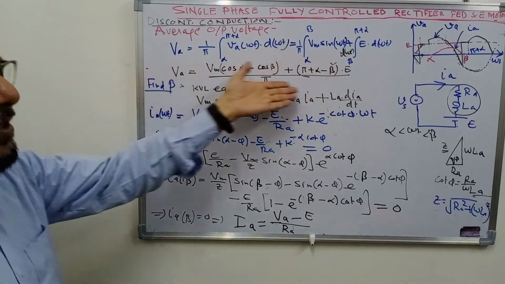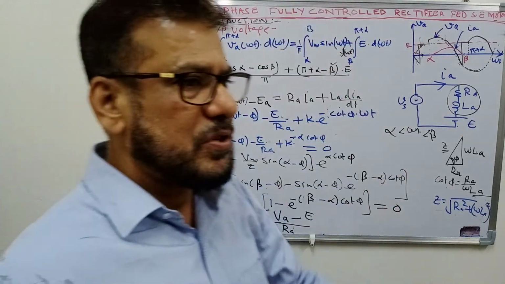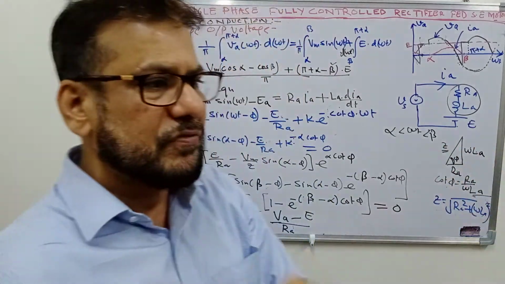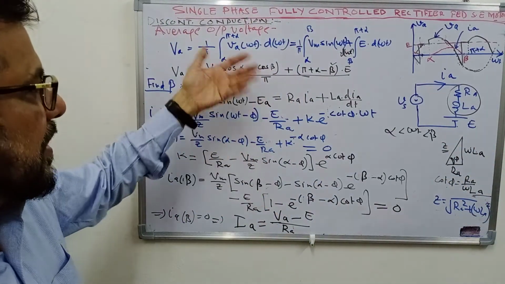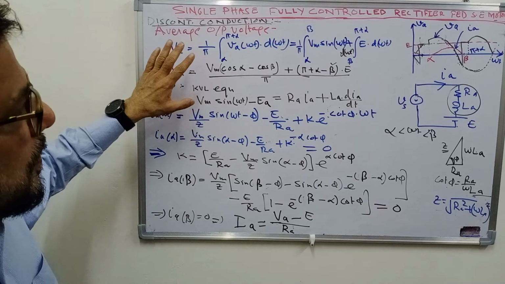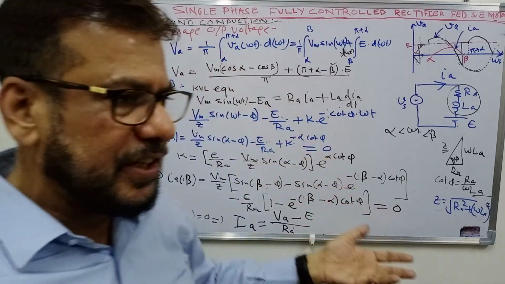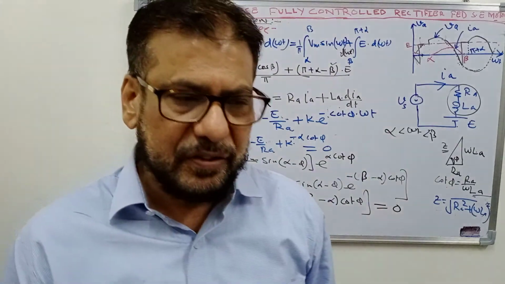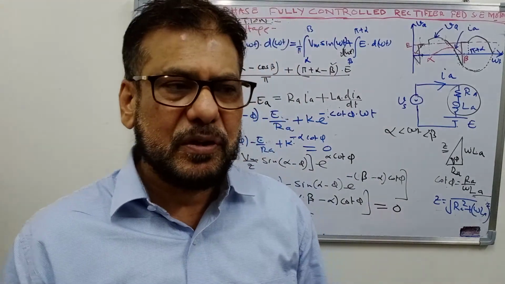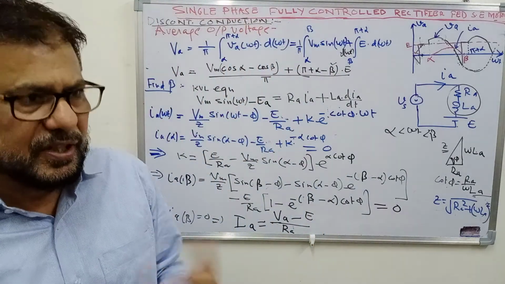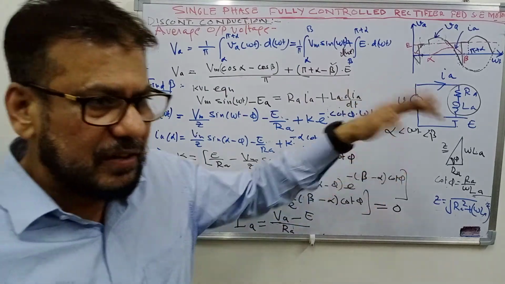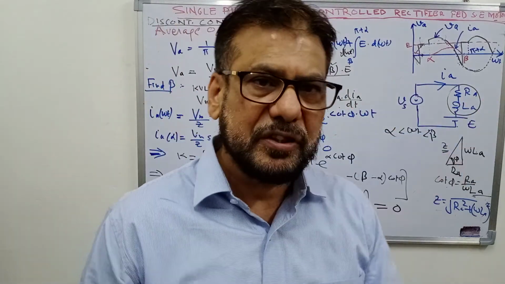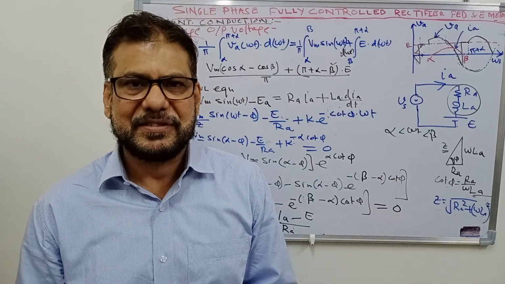Whether you use this equation or the simple equation 2Vm by pi, that equation we derived in the last lecture. So you have to ascertain whether the conduction is continuous or discontinuous. So how to determine or establish this, we shall discuss in the next lecture.